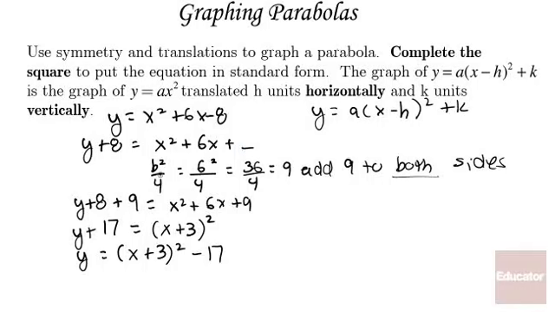Complete the square by adding the b squared divided by 4 term to both sides of the equation. And then simplify, shift things around as needed to get it in this form. Remember also that if you have a leading coefficient that is something other than 1, when you get to this step, after isolating the x variable terms, you're going to need to factor out that term before completing the square.